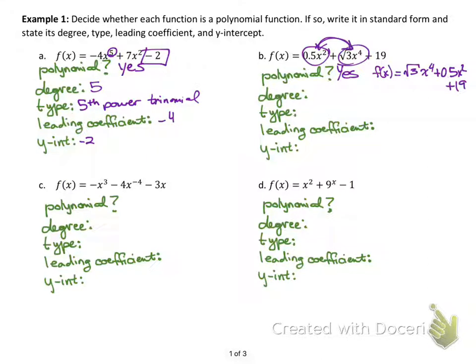All right, so this is a quartic. Oh, the degree is 4. So this is a quartic. And again, 3 terms, so trinomial.